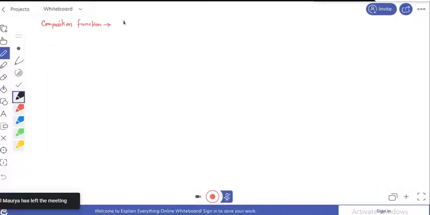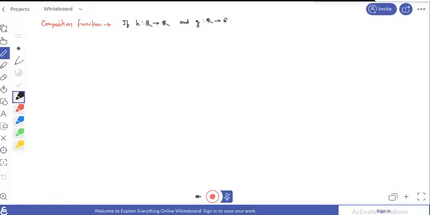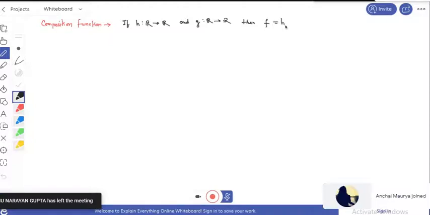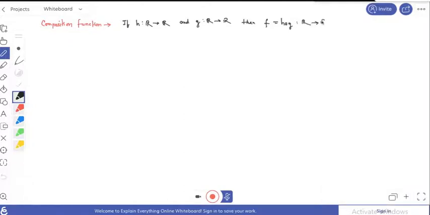So if we take two functions, suppose one is h, from R to R, a simple function, and another function is g, also from R to R. Then what about the composite function f, where f is h of g, which is also from R to R, and that function is defined by this type of function.